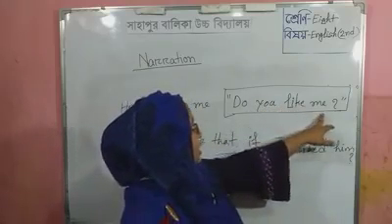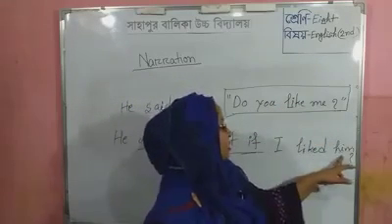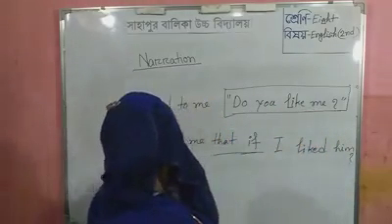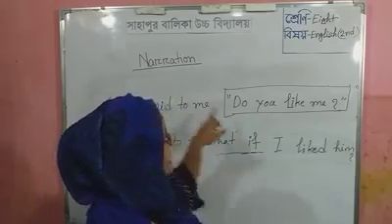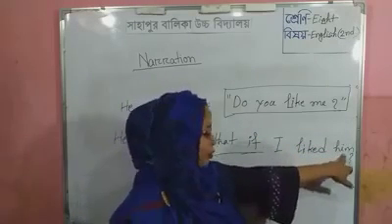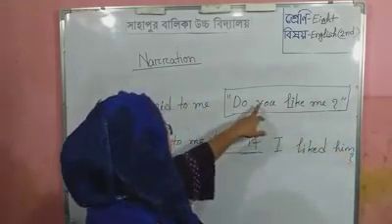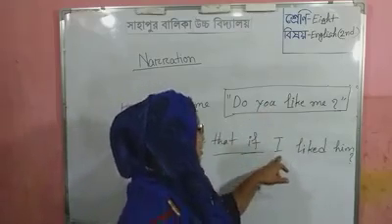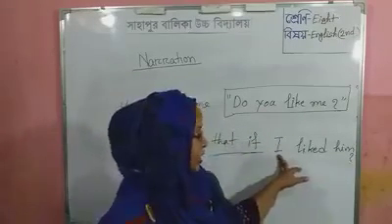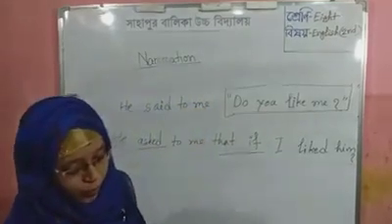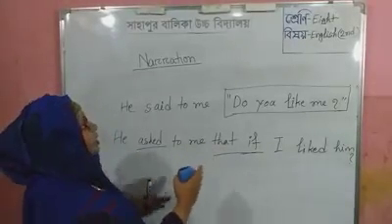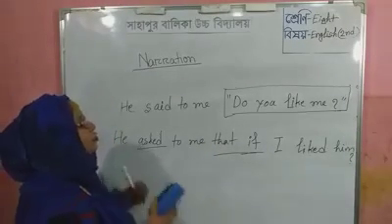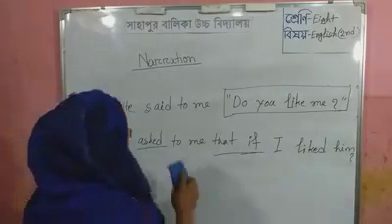You liked me, and I liked him. There me is he, so we change the pronoun as him, and you is changed to I. Okay. So in that kind of sentence we can use if and whether.